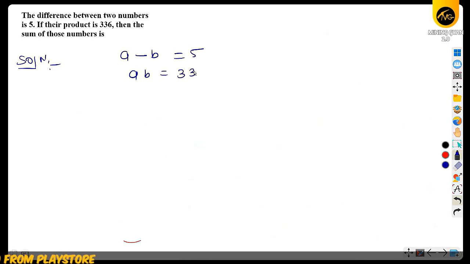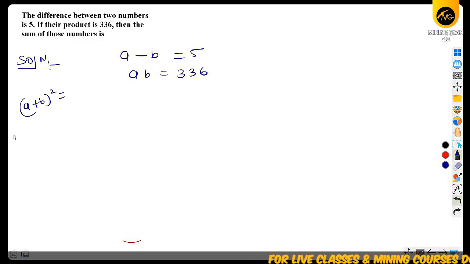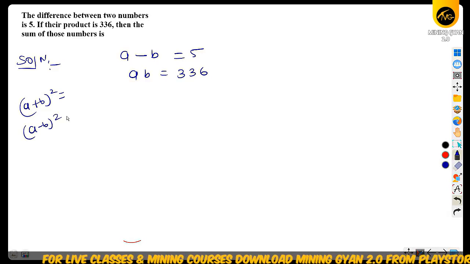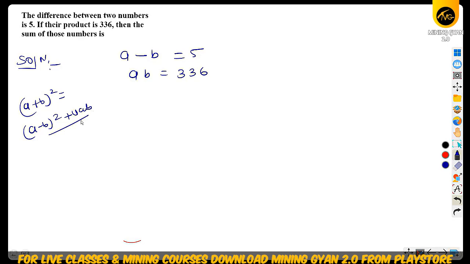Now we can see it's based on the (A plus B) whole square formula. A plus B whole square is equal to, you can also write this as A minus B whole square plus 4AB, right?